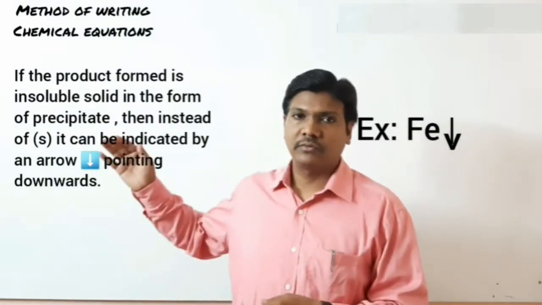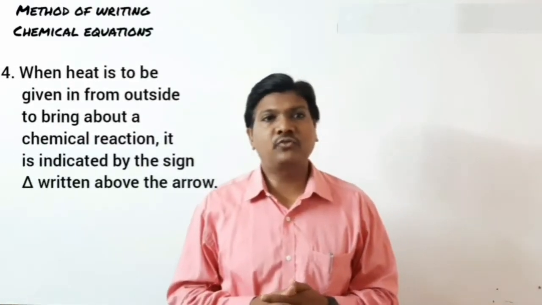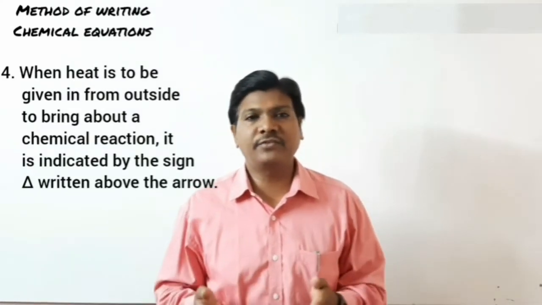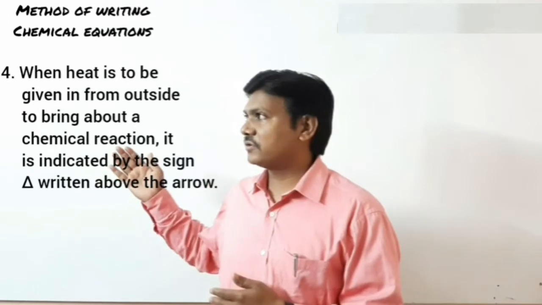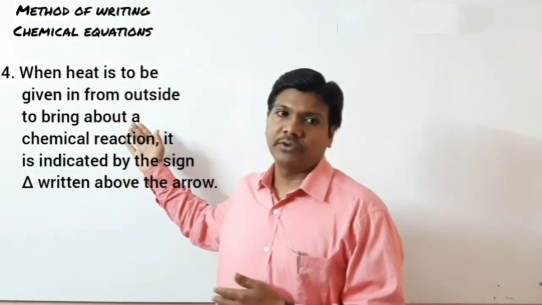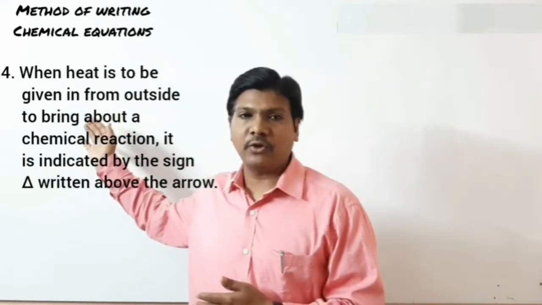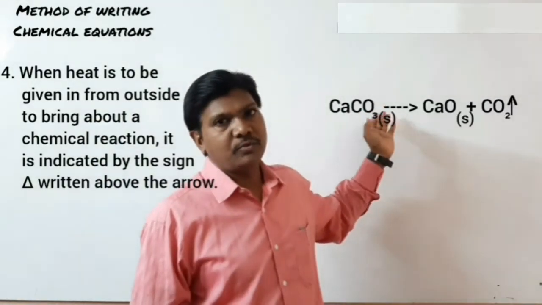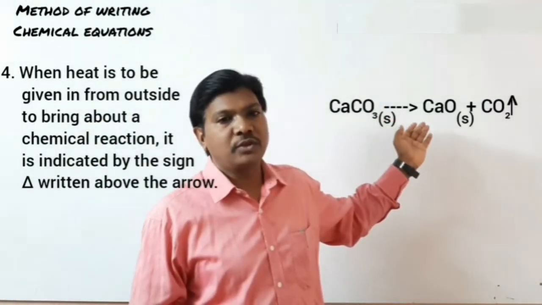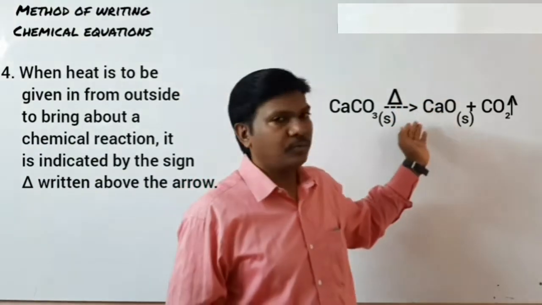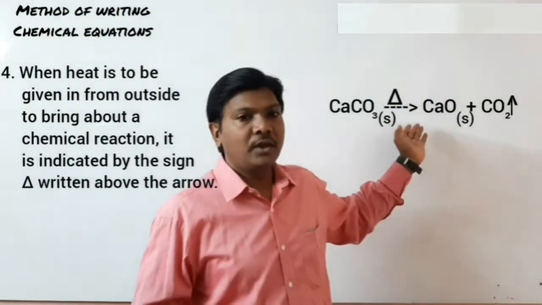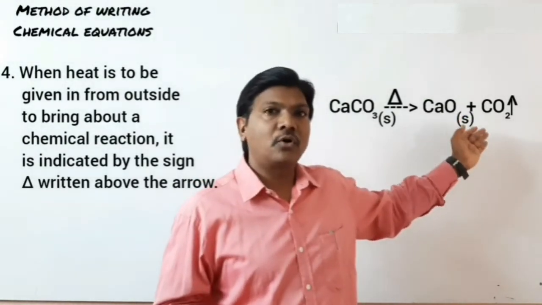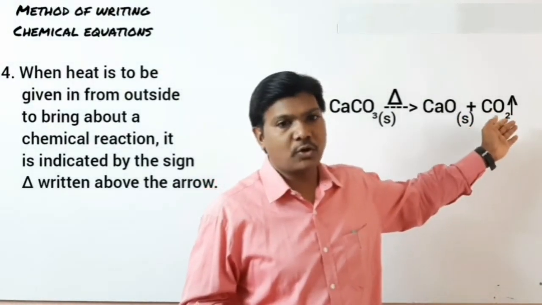And fourth, when heat is to be given from outside to bring about the reaction, it is indicated by the sign triangle above the arrow. Example, calcium carbonate, CaCO3, and when you give heat, the product is calcium oxide plus carbon dioxide.